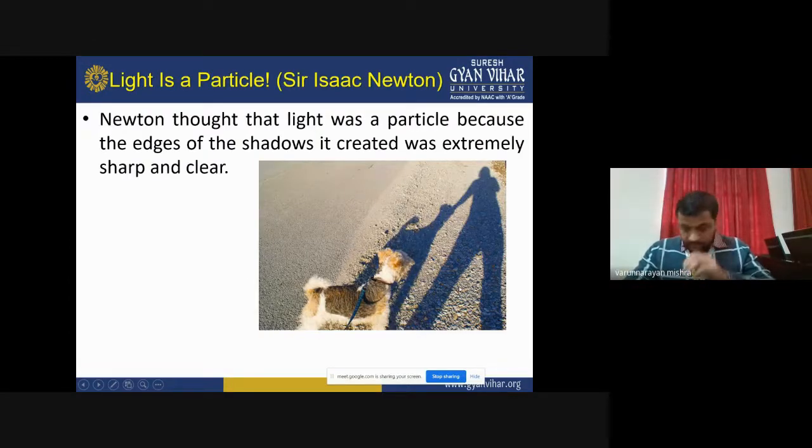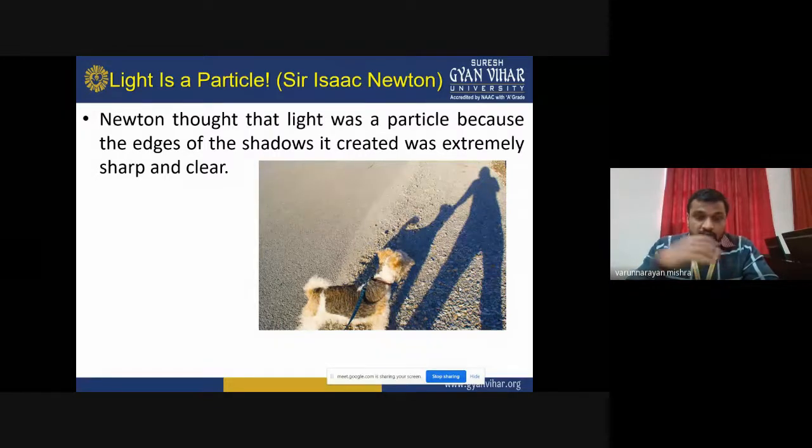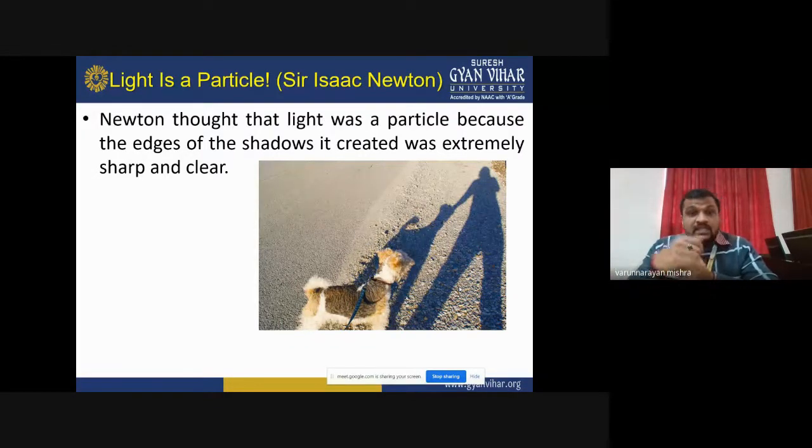So it was proved by Maxwell that electromagnetic radiation is a type of light, but there is another debate after that: whether light is a particle or a wave. Before the development of quantum physics, it was considered that light is a particle.